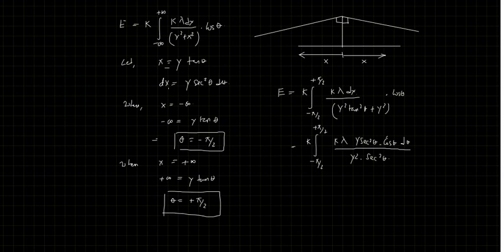Because tan square theta plus 1 is sec square theta. So you can clearly see these things get cancelled, y and 1y get cancelled. Sorry, I should not write k again here, I have already written k, so no need to write k again.